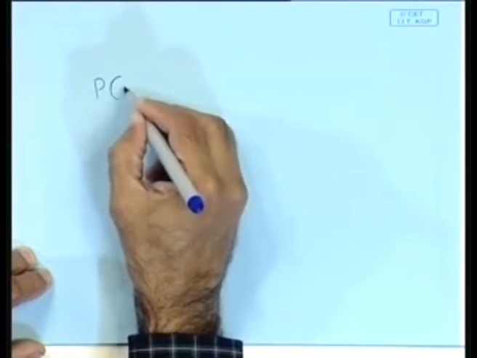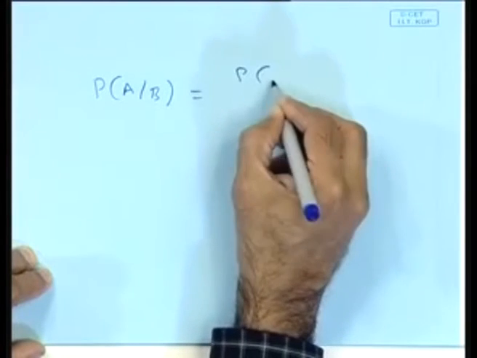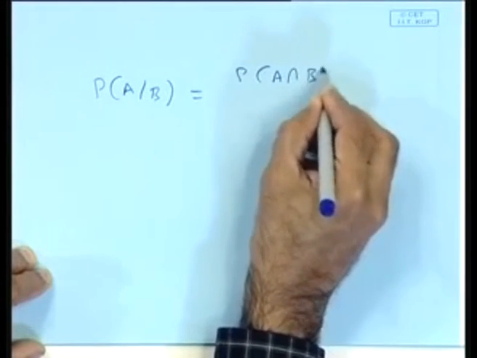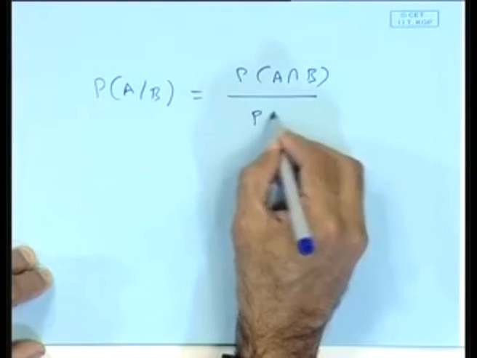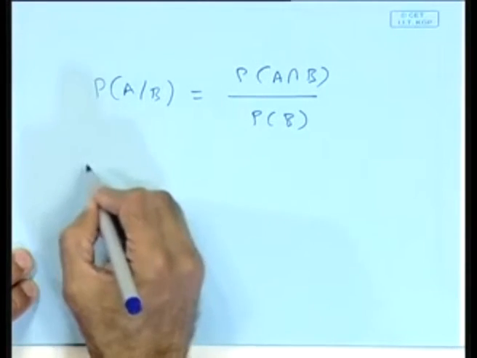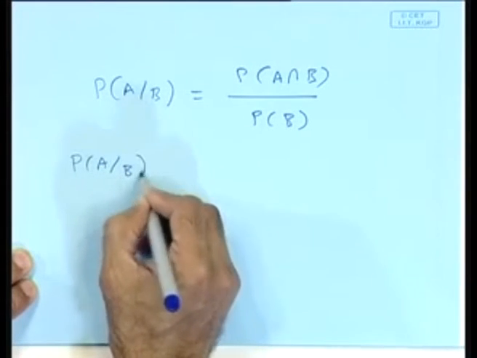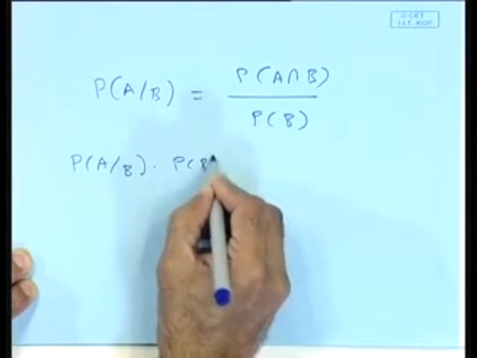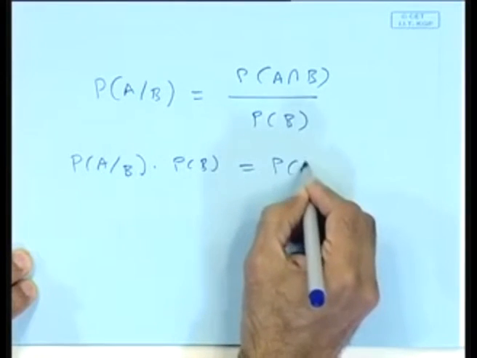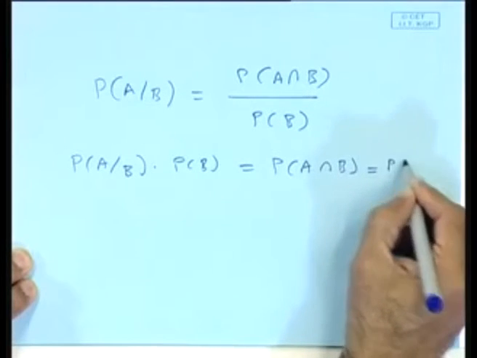The conditional probability formula says P(A given B) is equal to P(A intersection B) divided by P(B). This I can also write as P(A given B) multiplied by P(B) is equal to P(A intersection B), which I can also write loosely as P(AB).